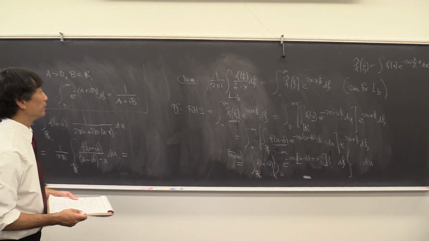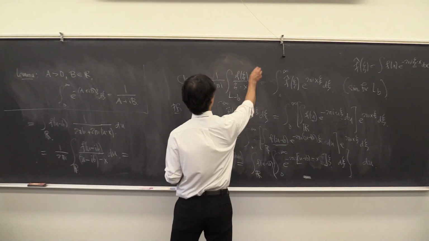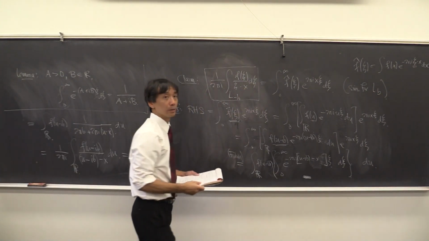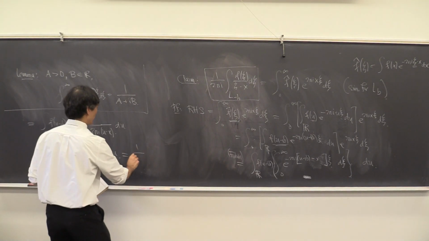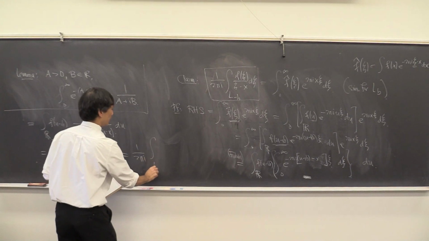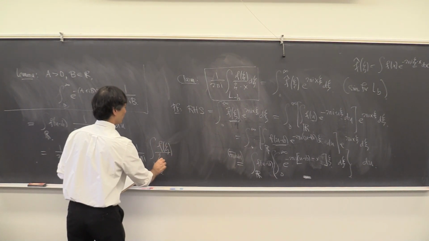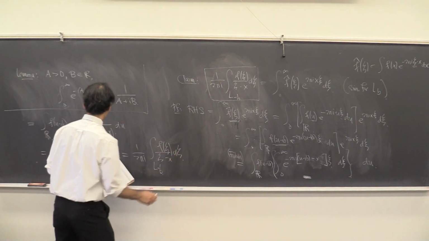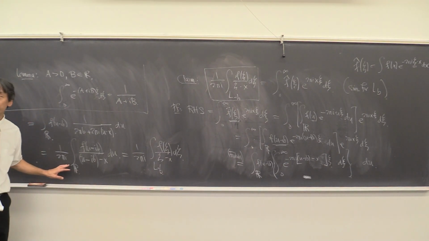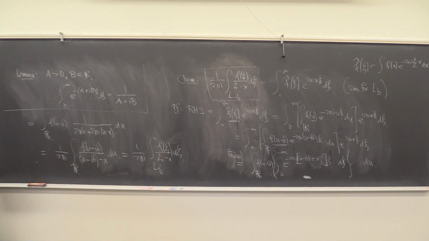That's this. That's 1 over 2πi times the integral over the lower line. That's just the concrete version of that.